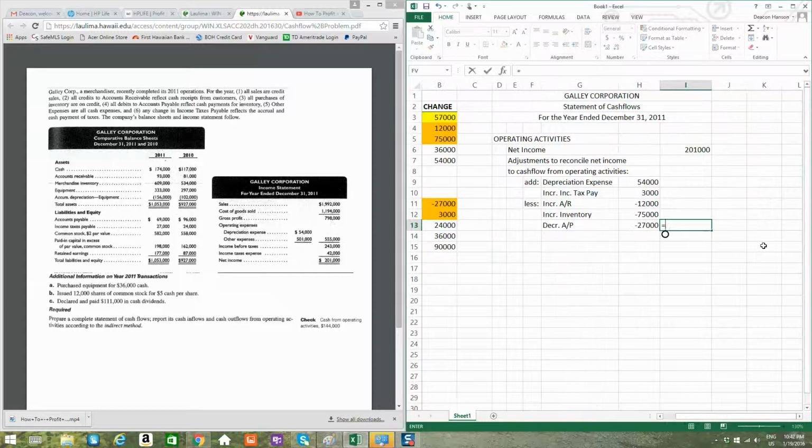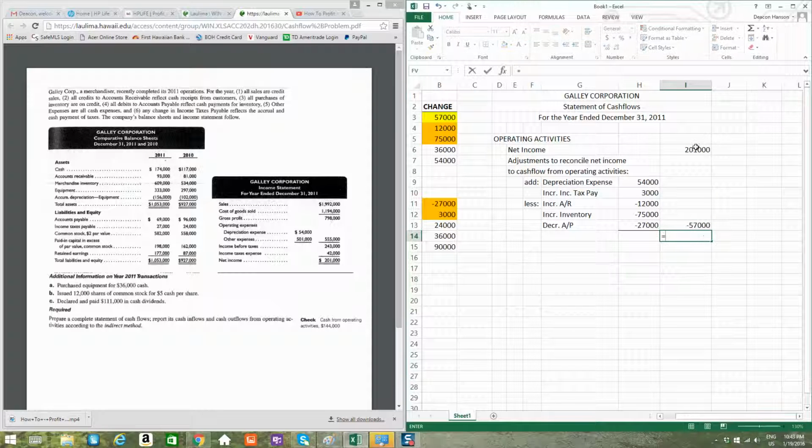see what I can do. Subtotal those guys. That's a minus 57,000. And I subtract that subtotal from net income.